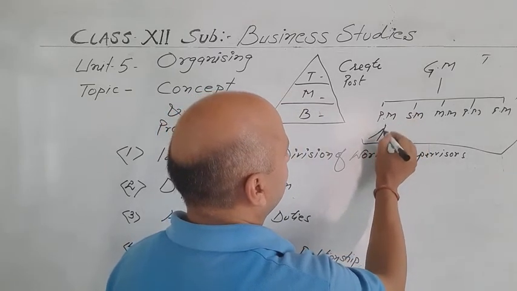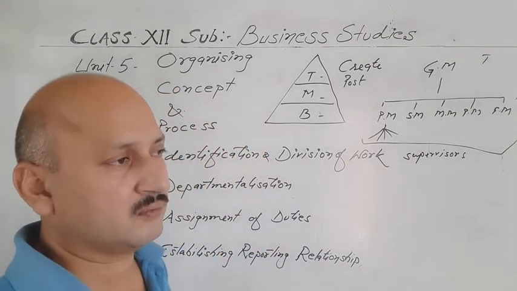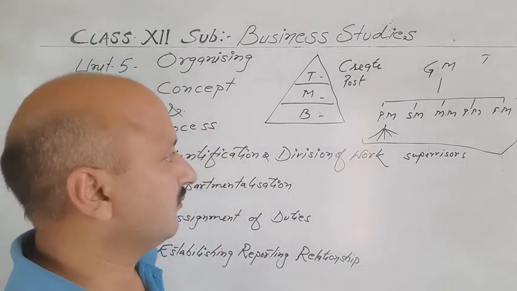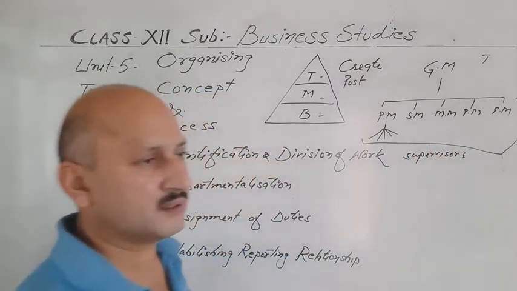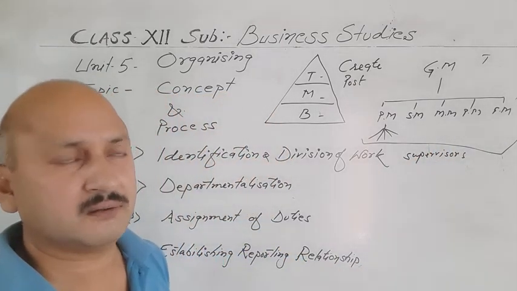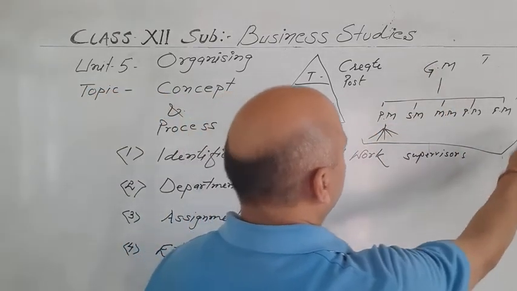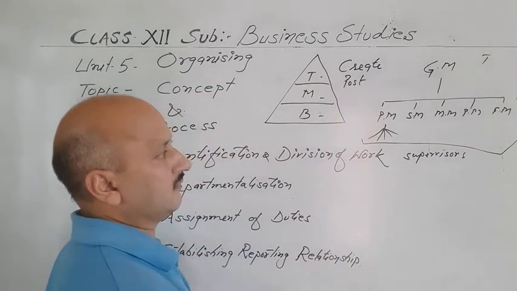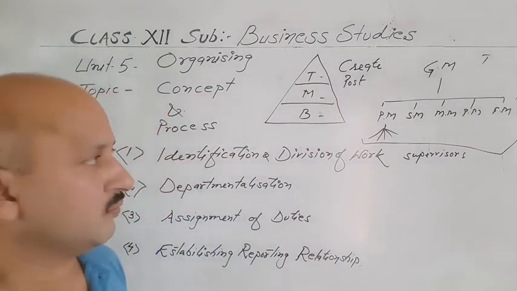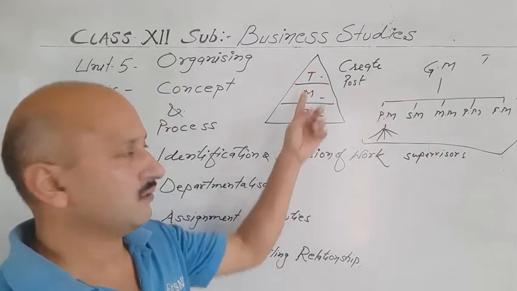Depending on the nature of the industry, there may be 4 to 5 or 10 supervisors under one manager. It actually depends on the size and scale of operation of the business. So this also represents the organizational hierarchy, and we have to create posts in this way for our organization.